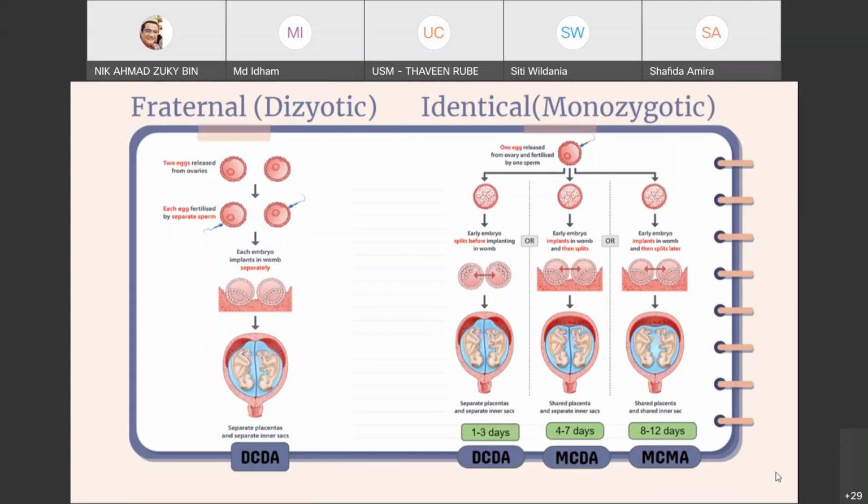There is no membrane, so the babies are living together in the same pool, without separation. What is the potential complication? The umbilical cord can be entangled, or can have torsion between the umbilical cords because the fetal movement is without separation.